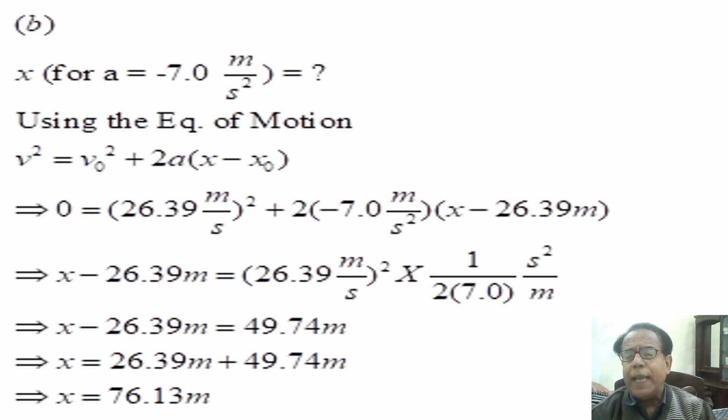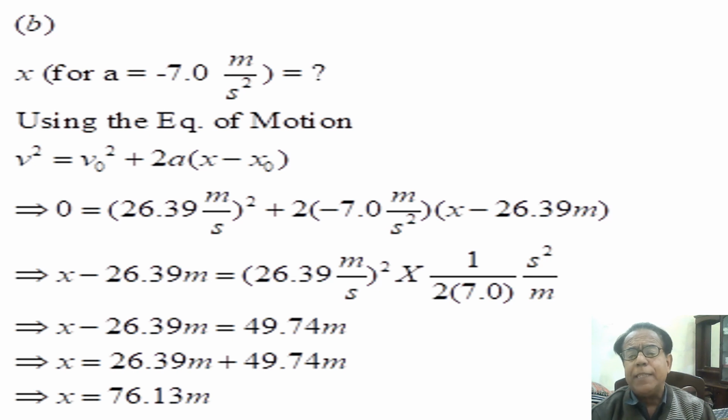This implies that x minus 26.39 meter becomes equal to 26.39 meter per second whole square into 1 over 2 into 7.0 second square over meter. Here the complete previous procedure is repeated, so it is unnecessary to explain the simplification.